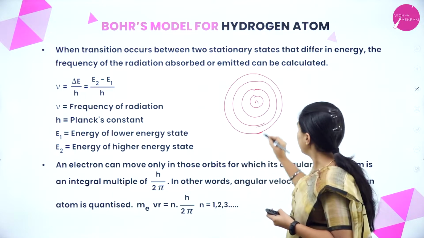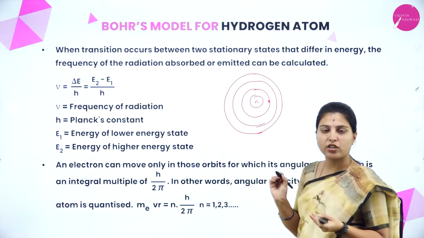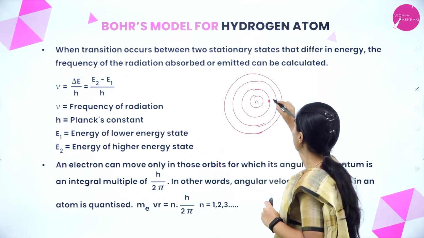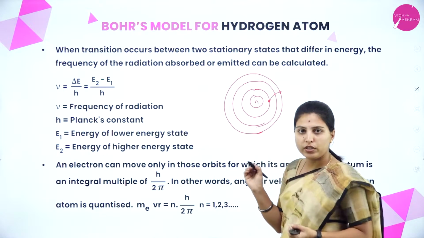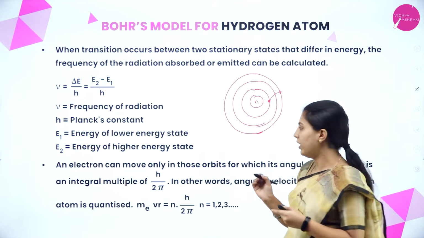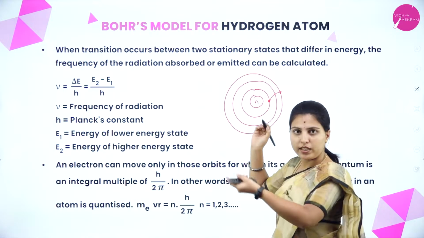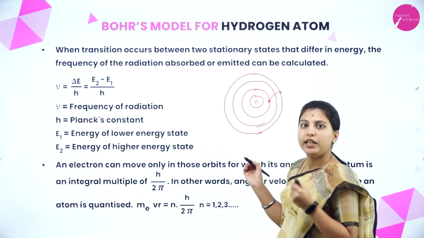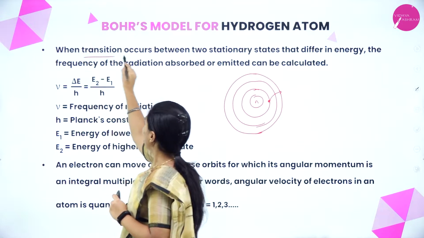Hydrogen has one electron. If it jumps to an outer shell, moving from this energy level to a higher energy level, that moving is known as transition.